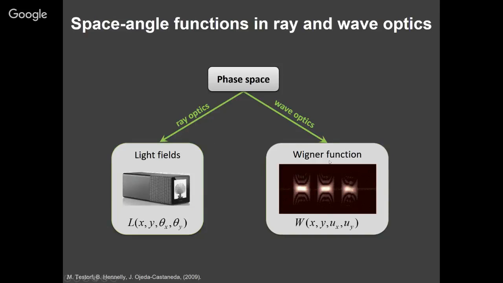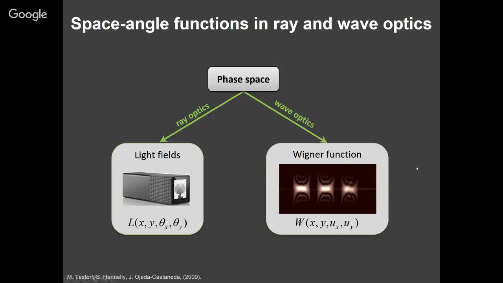Everything that I'm going to show is actually in the wave optics phase space regime, where we're using Wigner functions. But Wigner functions are basically exactly the light field analogy, but for wave optics. So I'm going to completely switch back and forth, and I might even call them light fields, even though we're using Wigner functions, because some people get scared when I call them Wigner functions. But everything's the same.